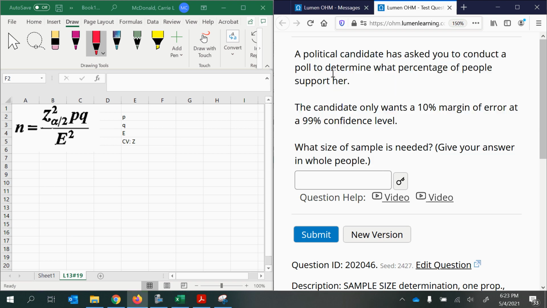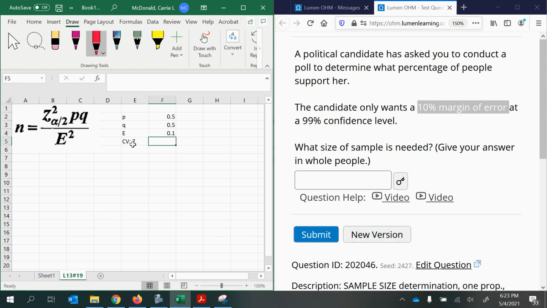Usually you're given some proportion that came from previous research, and none was given here. So we're just going to pretend that about half the people support her, so a success rate of 50%, and that would leave the people who don't support her to also be 50%. And then our E is going to be the 10% margin of error that we're shooting for. So we'll put that in here as a decimal, 0.1.